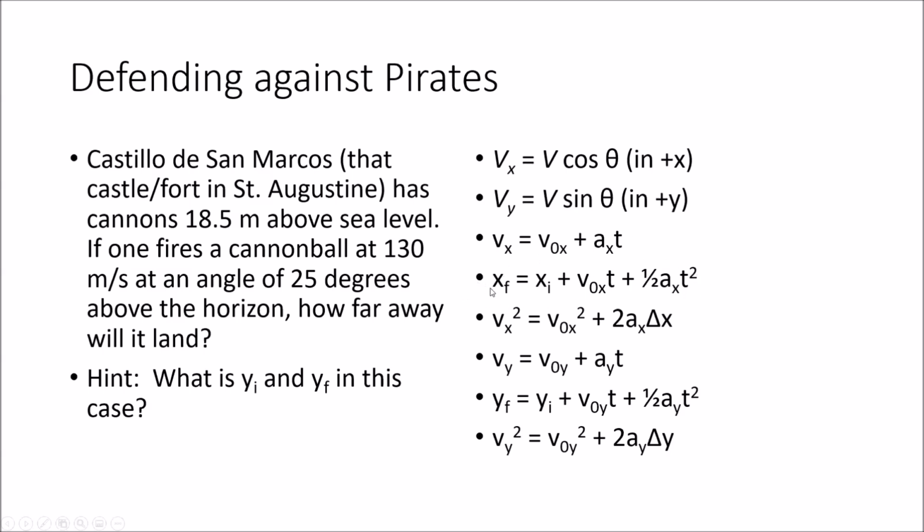I had been writing delta x, but in the fourth equation here, instead of x final, the previous version of the book had delta x equals v naught x t plus 1/2 a x t squared. Well, this version of the book has x final equals x initial plus v naught x t plus 1/2 a t squared. It's the exact same equation.